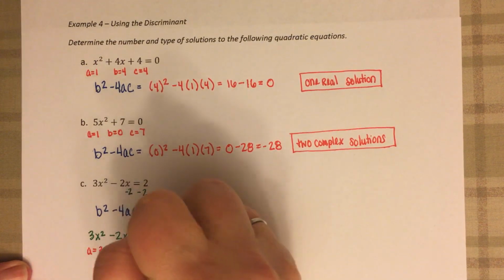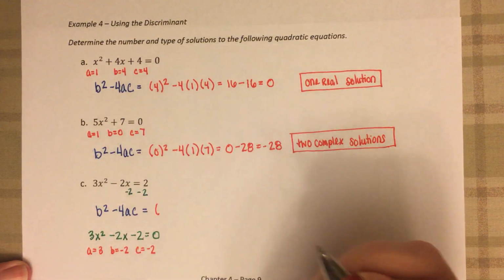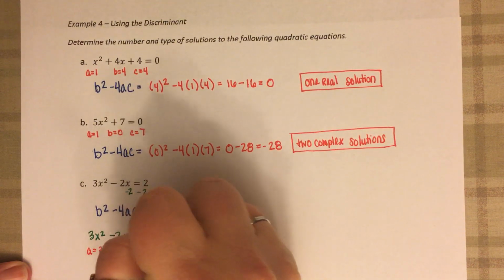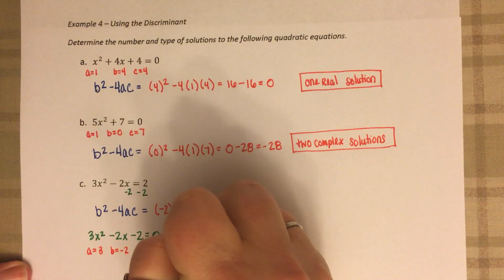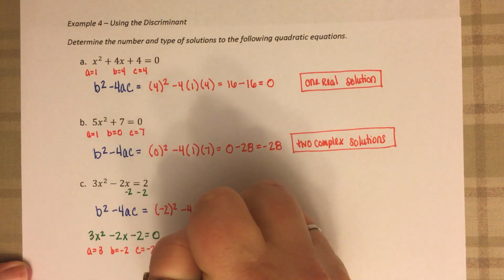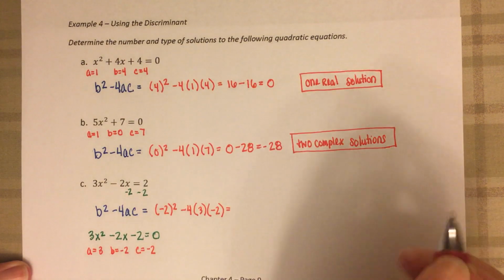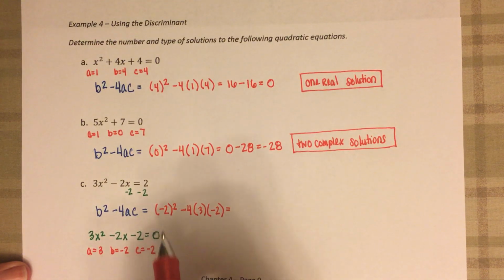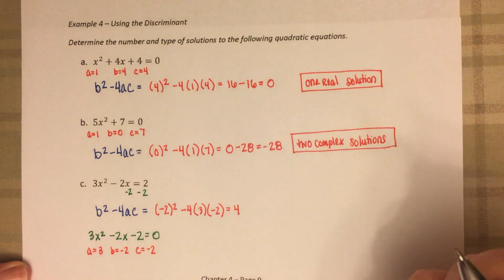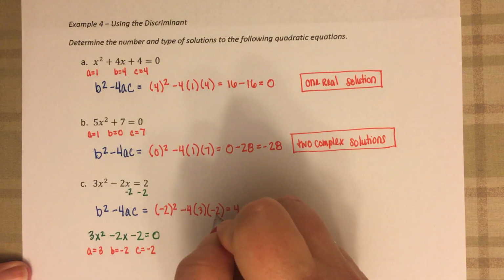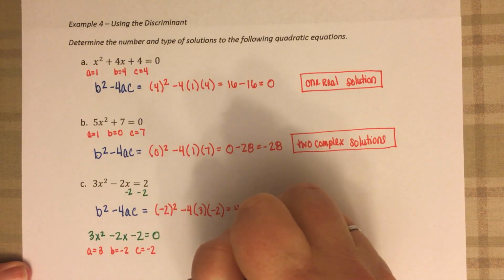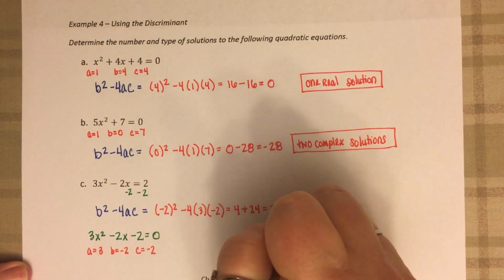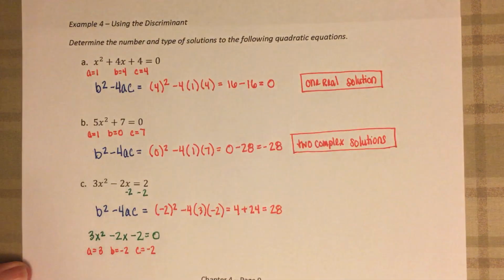So when we plug these into our discriminant, b squared, negative 2 squared, minus 4 times a, which is 3, times c, which is negative 2. Remember, when we square negative numbers, we get positive numbers. So negative 2 squared gives us positive 4. Right, 4 times 3 is 12, times 2 gives us 24. Two negatives turn positive, so we have plus 24, so we get a positive 28.